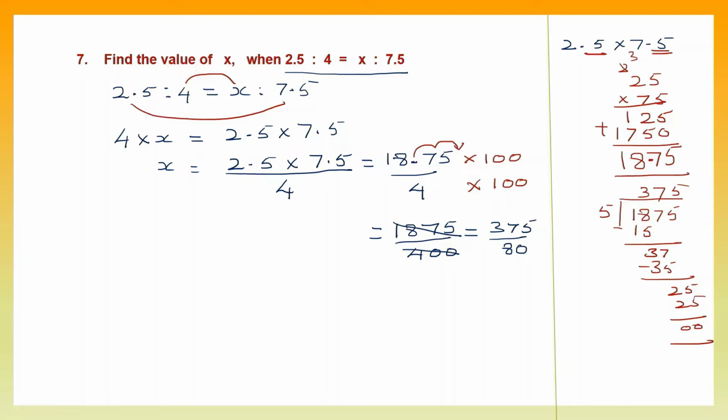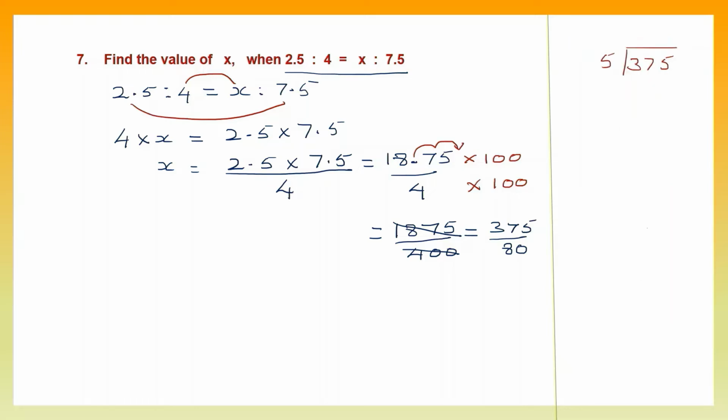I can again reduce it to the lowest term by dividing it by 5 again. So let's divide 375 by 5. 5 7s are 35 minus, I have 25. 5 5s are 25. So that is 75.